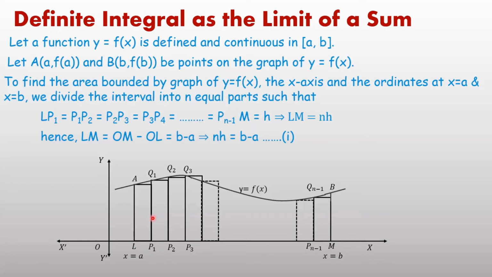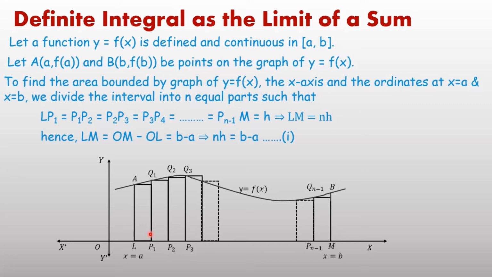If we find the area of all rectangles and add them, you will get an area, but it is not accurate. To find the accurate area, you have to decrease the value of h, and if you decrease the value of h, then the area under the curve is the same as the area of the rectangles. Therefore we can say if we decrease the value of h, then the number of rectangles will increase.